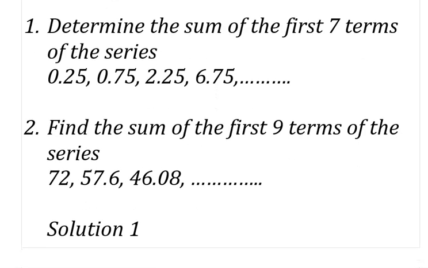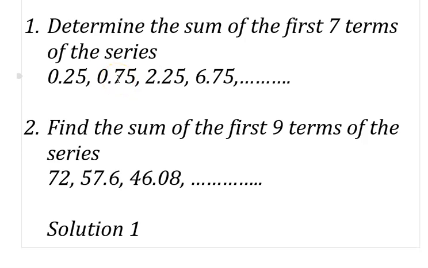We have two questions here. The first question says, determine the sum of the first 7 terms of the series. Like we've said before, in geometric progression, getting the common ratio involves multiplying what you have to get the second term, the third, the fourth, up to the 7th.